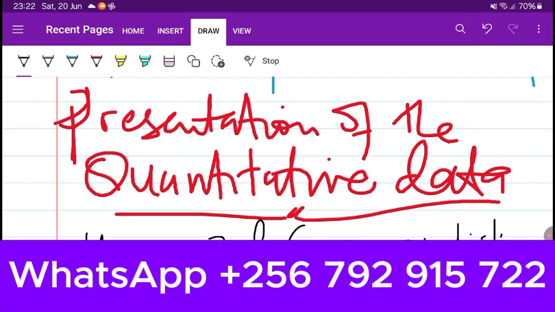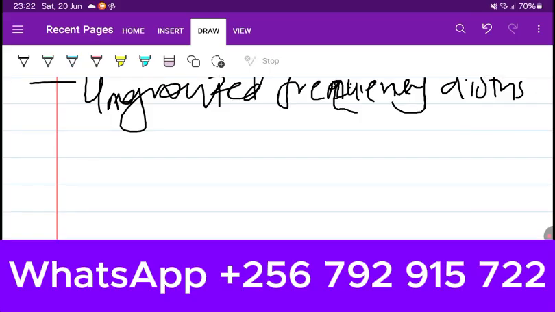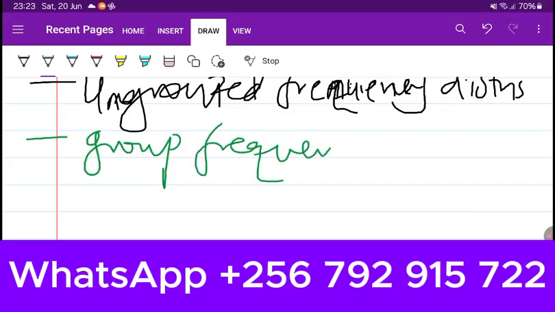And then we have the grouped frequency distributions. Permit me, I'll be using an abbreviation instead of writing the whole word of distribution.